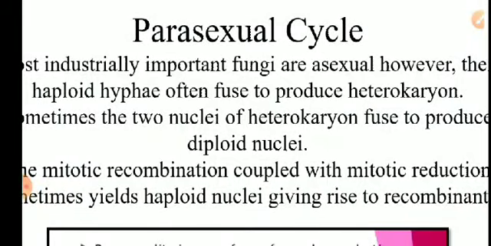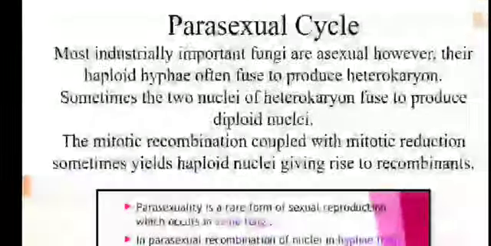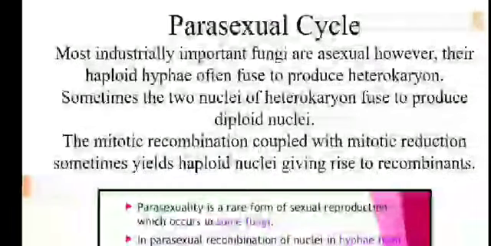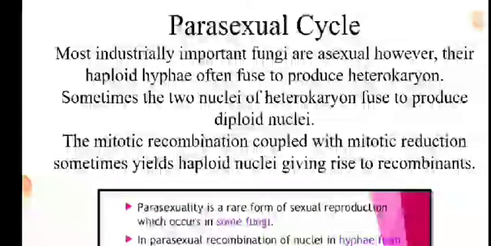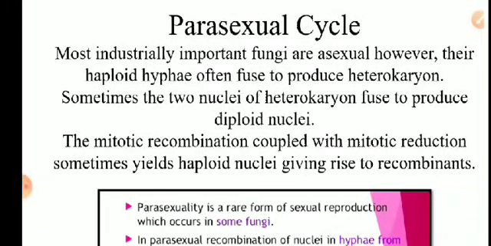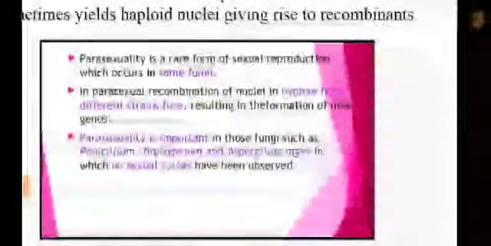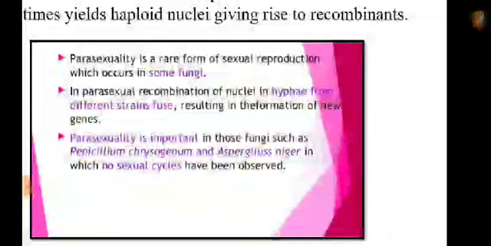Now, sometimes the two nuclei of the heterokaryon fuse and form a diploid nucleus. After mitotic division, the diploid nucleus breaks up into haploid nuclei, giving rise to recombinant cells. This phenomenon is helpful in developing recombinant fungi. So parasexuality is a rare form of sexual reproduction which occurs in some fungi.